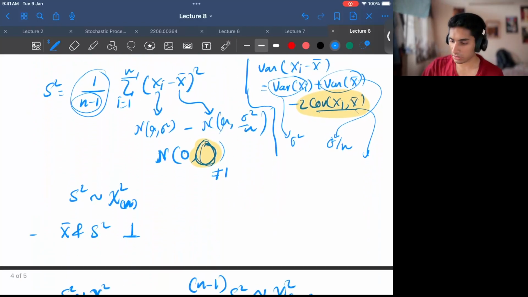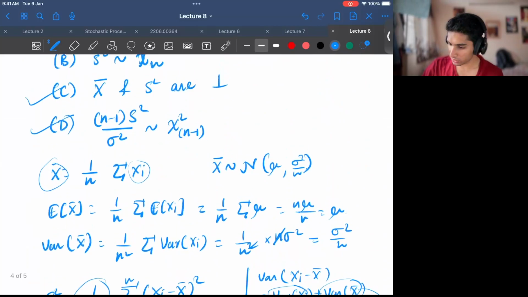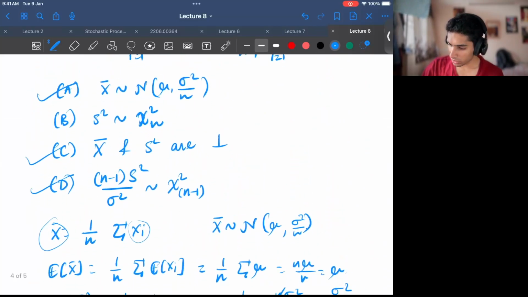Oh, sorry, again. This should be n minus 1 only, because this correction term is there. And this thing is fine. So A, C, and D are correct.